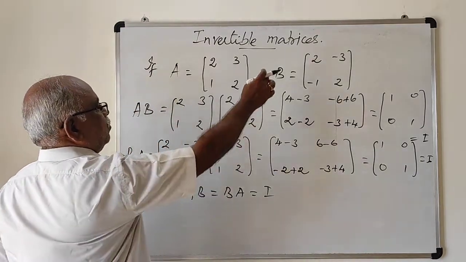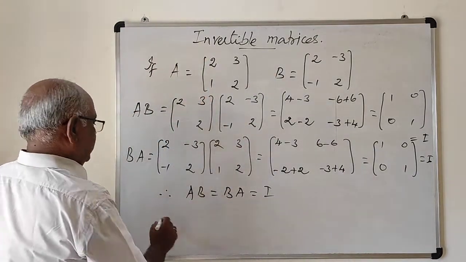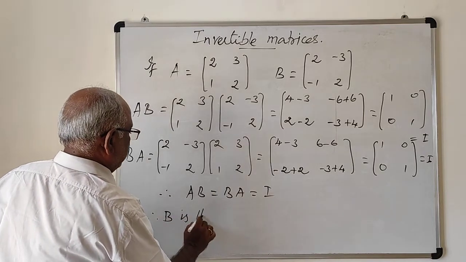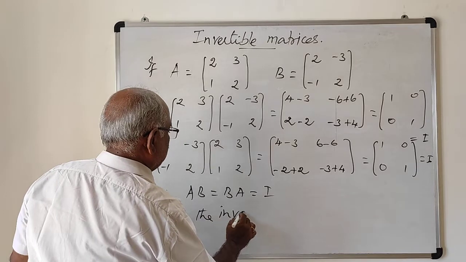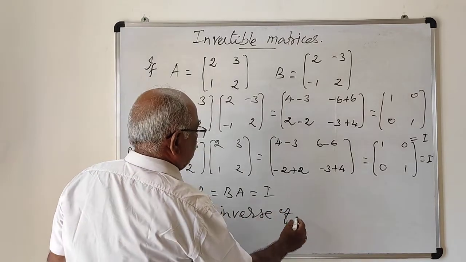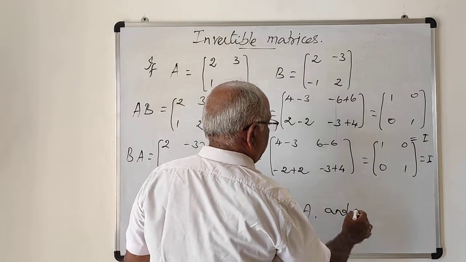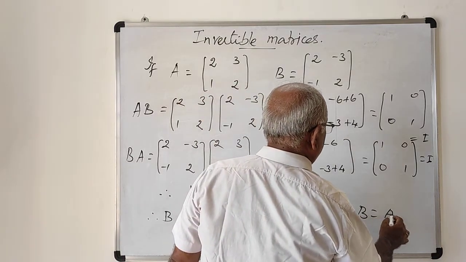Therefore, B is the inverse of the matrix A, denoted by B equal to A inverse.